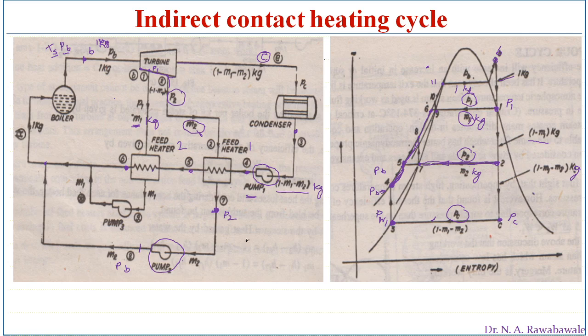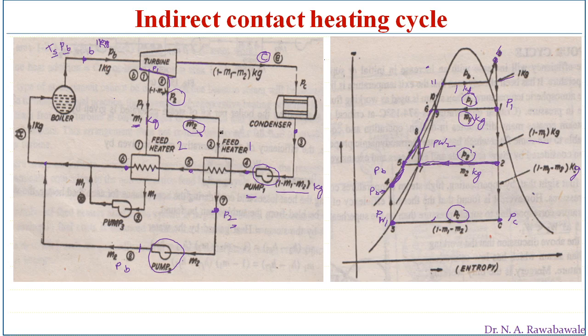Therefore, the pressure increased by pump 2 is from P2 to PB. So point 7 to 8 gives us pump work 2. So the pump is going to supply this condensate from feed heater 1 to the boiler.